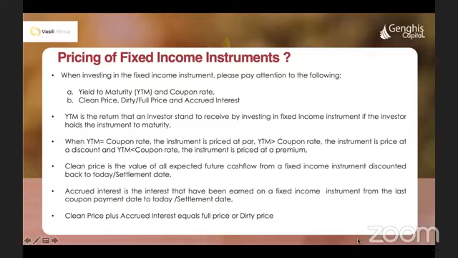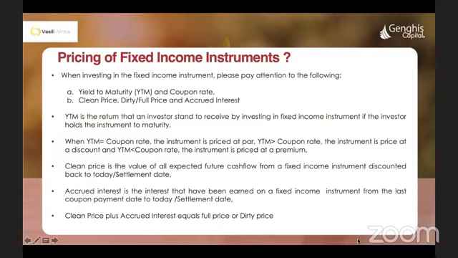I'm remaining with a gap of 2% to bridge to get to 12. In a scenario where yield to maturity is greater than coupon rate, we say the bond is priced at a discount. A discount means the bond is 100 shillings, I'm getting it at 95. So apart from the coupon that I will get, at maturity, I will also get the difference between the par and the price I bought it at, which is the 5 shillings. That now bridges the 2% you are talking about. So yield to maturity greater than coupon rate, the instrument is priced at a discount.